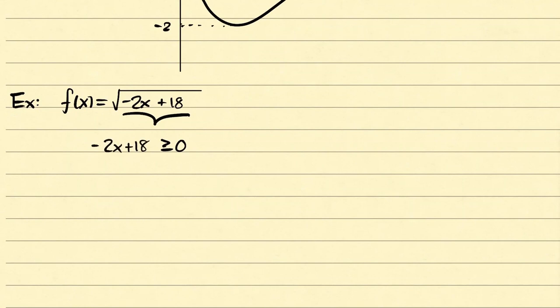And now I can solve this inequality. What I'm going to do is add 2x to the other side of the equation, divide both sides by 2, and then just rewrite this in a slightly easier way.